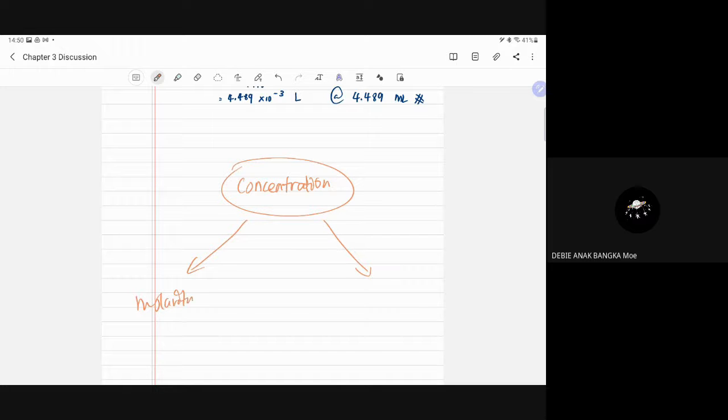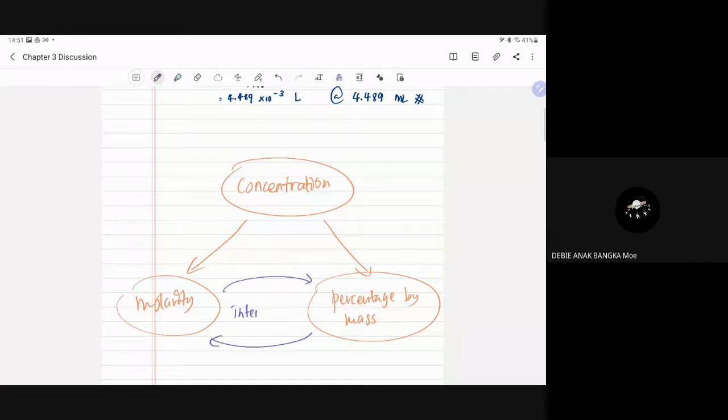Molarity ataupun percentage by mass. Dua-dua ini adalah sejenis ukuran kepekatan. Dan dua-dua ini kita boleh tukar, interchangeable ataupun interconvertible.